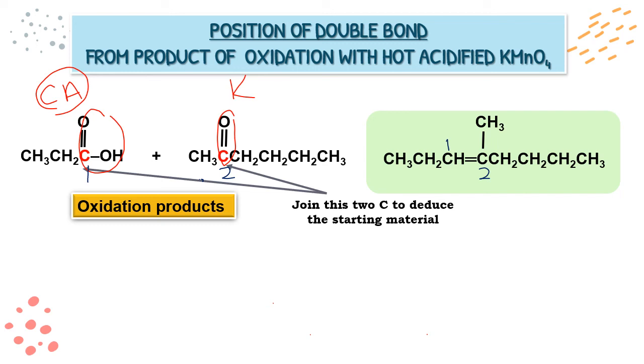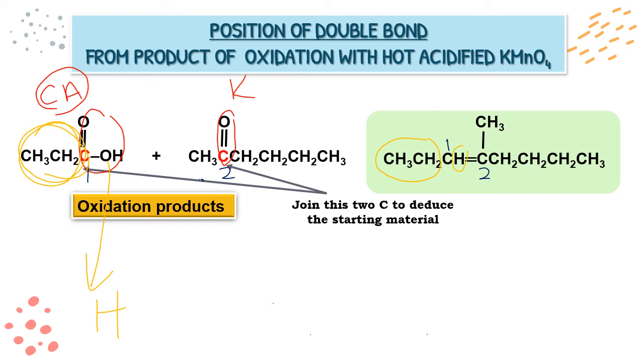If you look at carbon number 1 over here, what do we have? Since it's a carboxylic acid, one alkyl group over here, and the OH is changed to hydrogen. So you have one alkyl group, CH3CH2, for carbon number 1, and also one hydrogen.